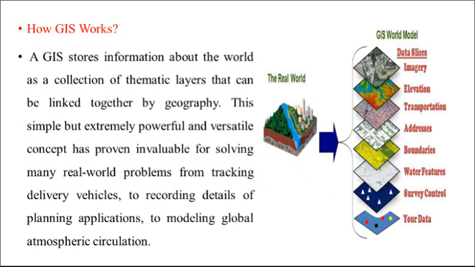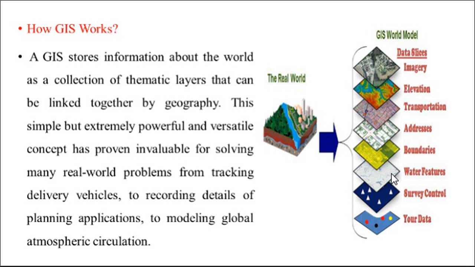Next, how GIS works. In GIS mainly different layers are there, and on the principle of these layers the GIS works. A GIS stores information about the world as a collection of thematic layers that can be linked together by geography.